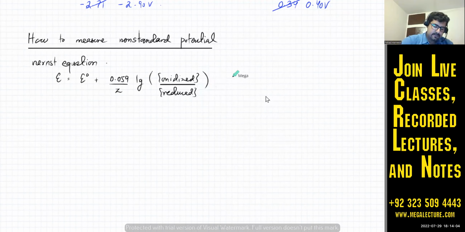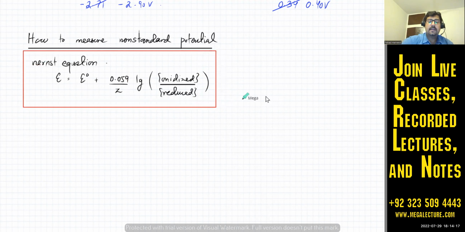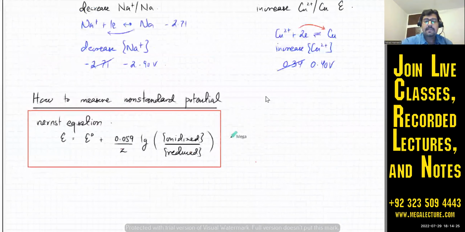So that's what the Nernst equation is, and it is specifically for calculating the new potential. Remember this, the oxidized species. Which is the oxidized species? In any equation, you'll have oxidation happening and reduction happening.